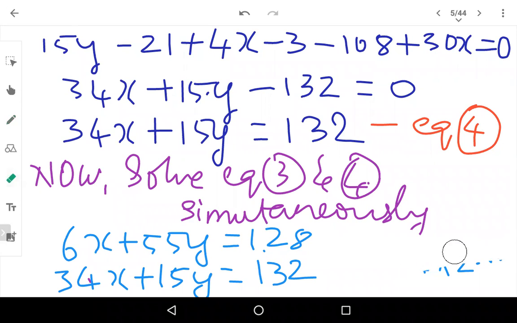So 34 into 3, you get 102. Now 102, divide it by 6. Okay, you get 17 as the answer. So which means, are you all able to follow? Yes.